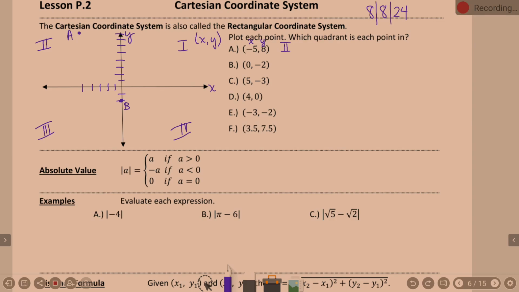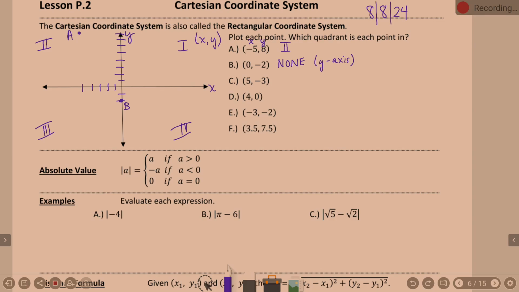It's not in one, three, or four. It's not in a quadrant because it's on the line. So which quadrant is it in? I'm going to say none. I'll put it in parentheses that it's none because it's on the y-axis.